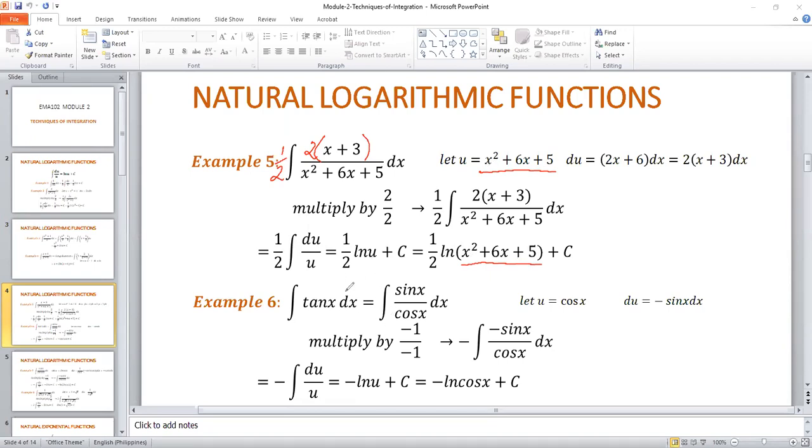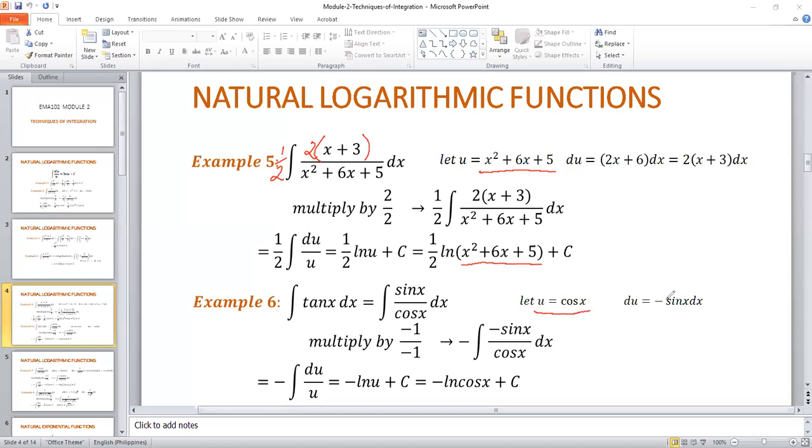Now let's try with a trigonometric expression. Tangent. If you recall the formulas that were shared to you regarding trigonometric functions, you don't have a direct trigonometric formula that can evaluate the integral of the tangent. So what you do, you write the tangent in its basic form, in its equivalent in the sine and cosine function. We know that sine over cosine is tangent. So sine x over cosine x. Now, you have a denominator, the cosine. If you set this as the u, what's the du?